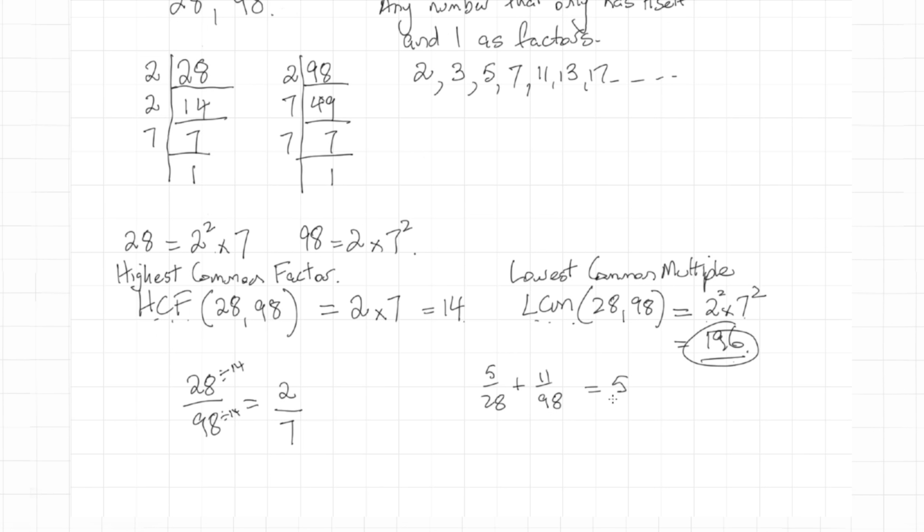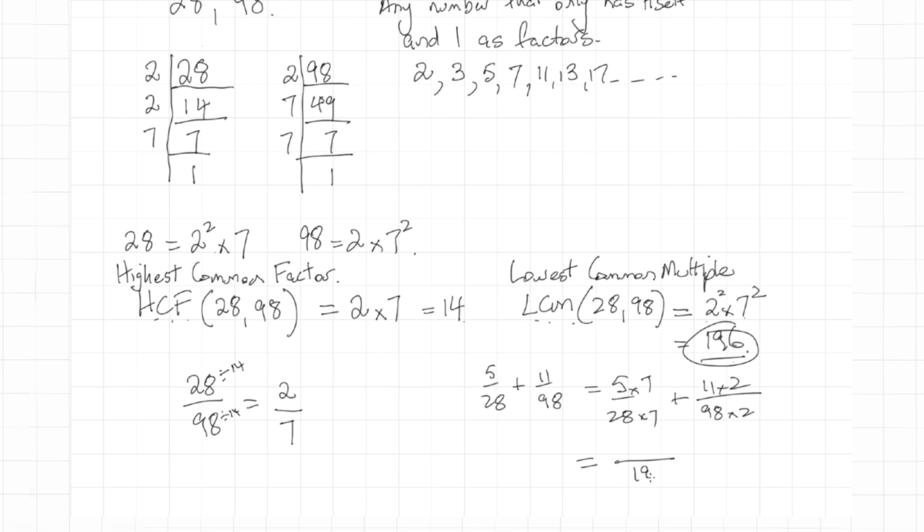So it'll be 5 over 28. Now we've already seen that we've got to multiply that by 7 to get to 196, so we multiply that by 7, plus 11 over 98. What have we got to multiply that by to get to 196? 2 times 2.